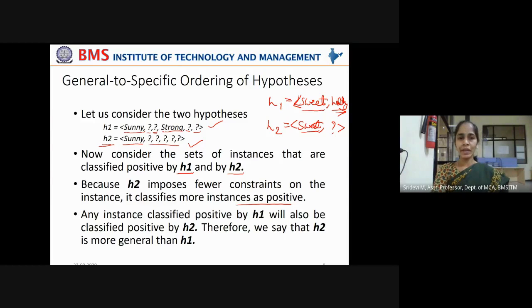In the same way, H1 is more specific because he is bothered about the wind speed also. But in H2, he is not that specific because he is bothered about the sky's condition only. Now, what can you understand from this? Any instance classified positive by H1 will also be classified positive by H2.